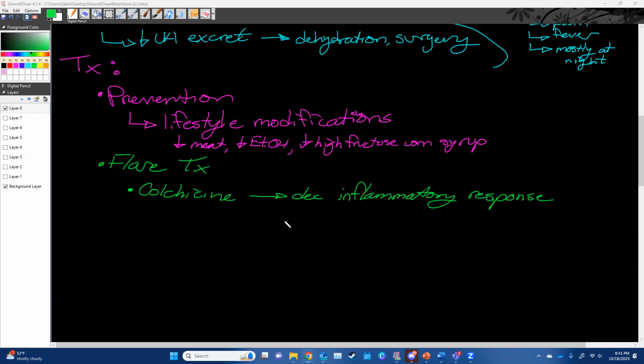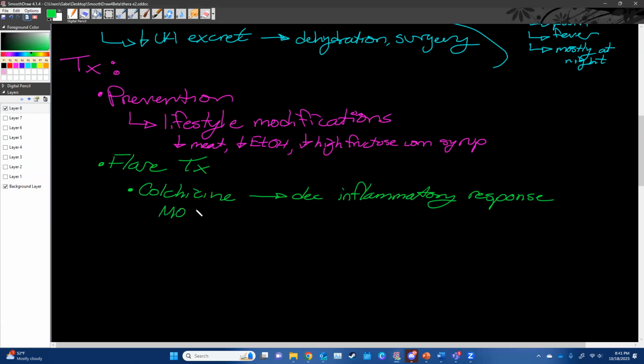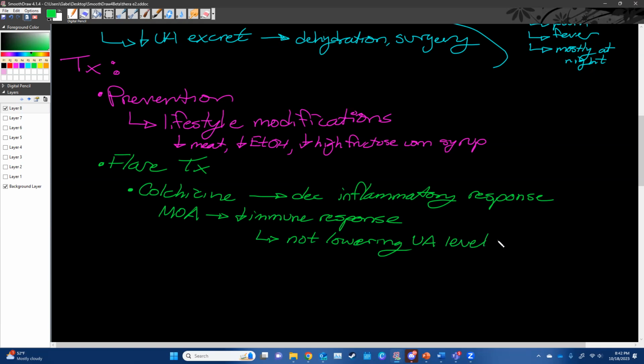The way that this works is that we are decreasing the immune response. What this means is that we are not lowering uric acid levels. But we do make a significant benefit in terms of pain, which is essentially the biggest issue right now.